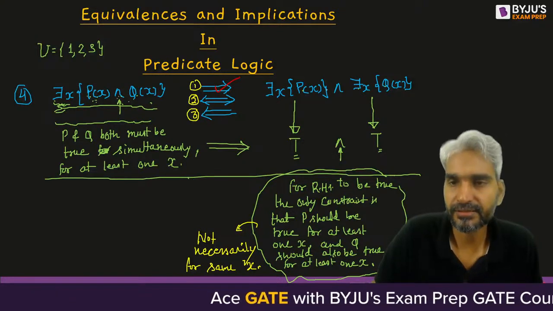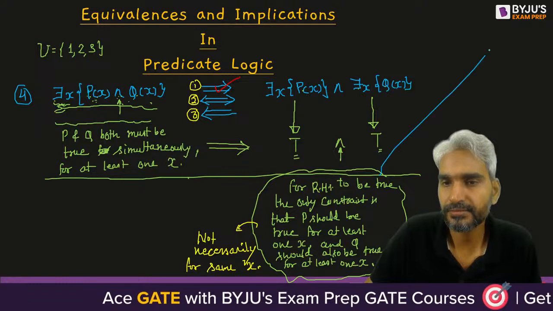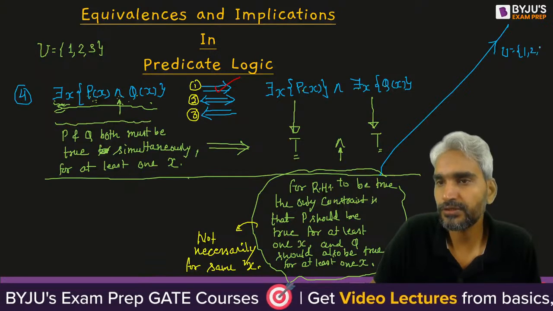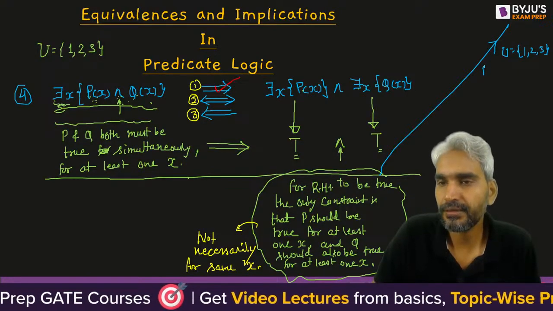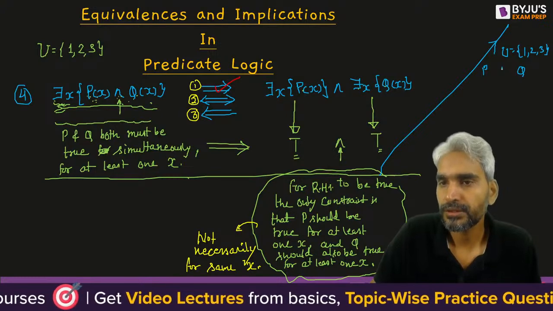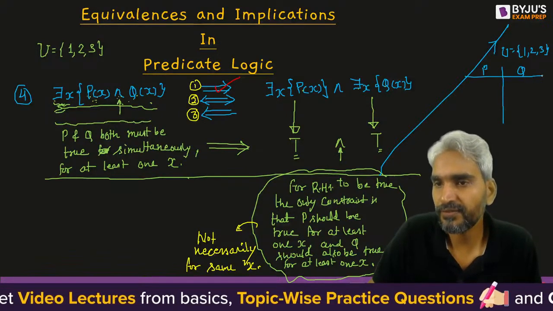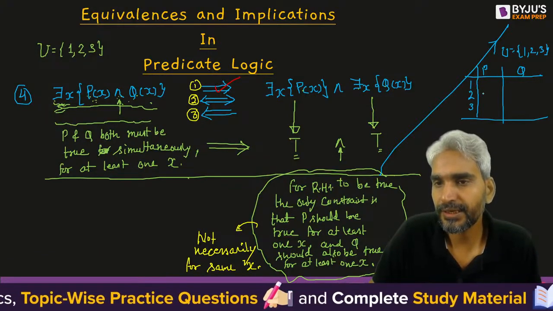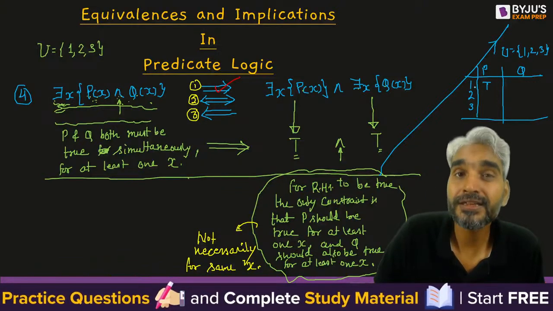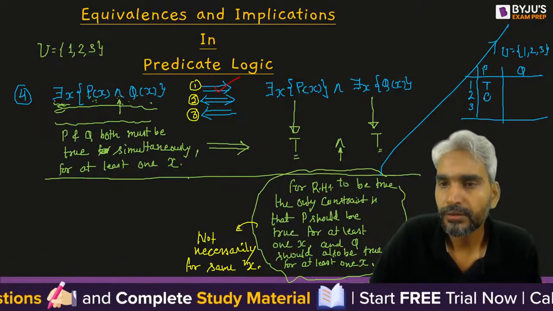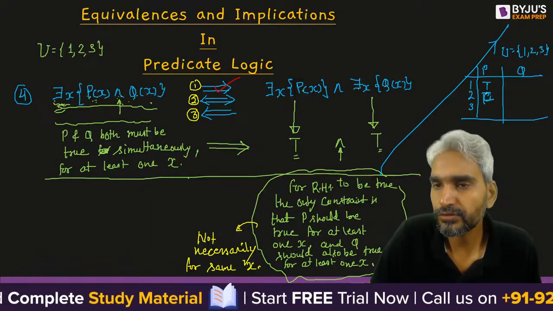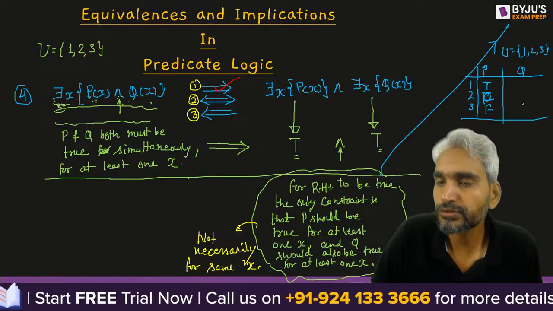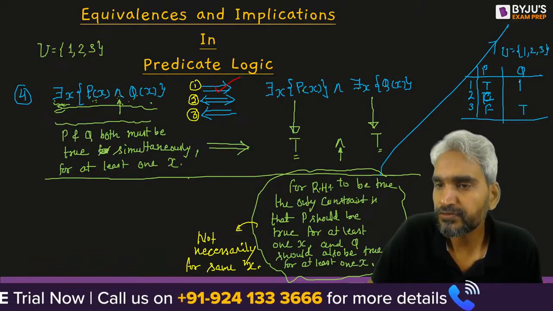Yes, so let's assume a situation that the universe consists of three elements, 1, 2, 3, and let's say this is P, this is Q. If I say that for the different values of the universe, that is 1, 2, 3, P is true for 1 but false for 2 and 3, at the same time Q is true for 3 but false for the remaining 2.